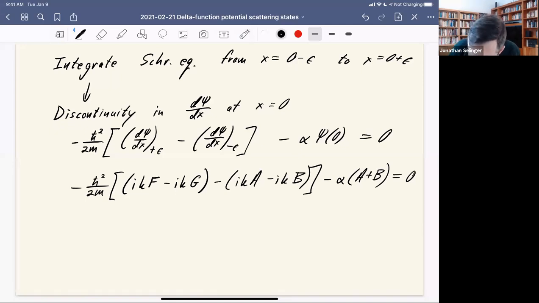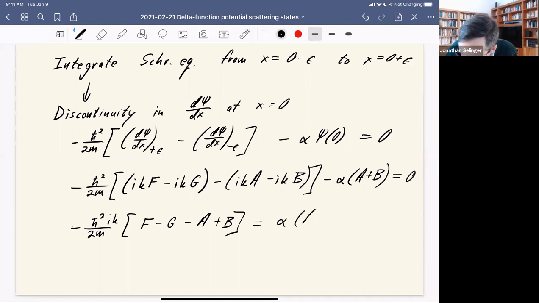Okay, so can I simplify this? Maybe. If we have negative ħ² over 2m, and I factor out an ik, this is F minus G minus A plus B, equals alpha times A plus B. Right, well, what do we get here? I guess there must be a trick. I did this before.